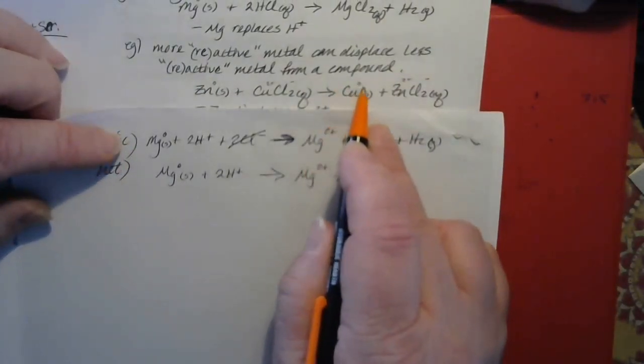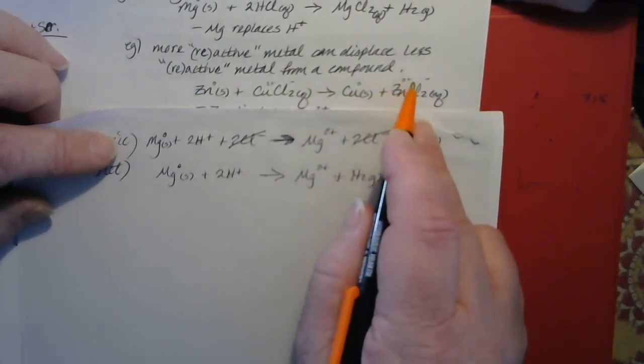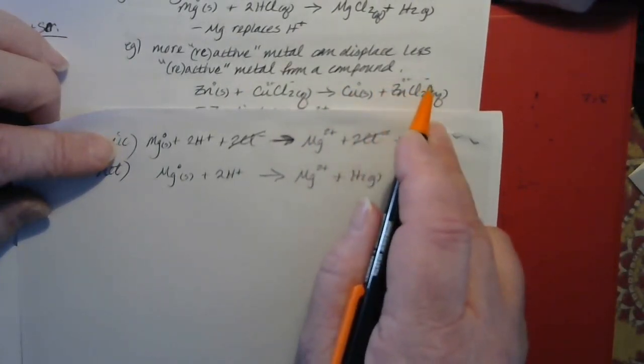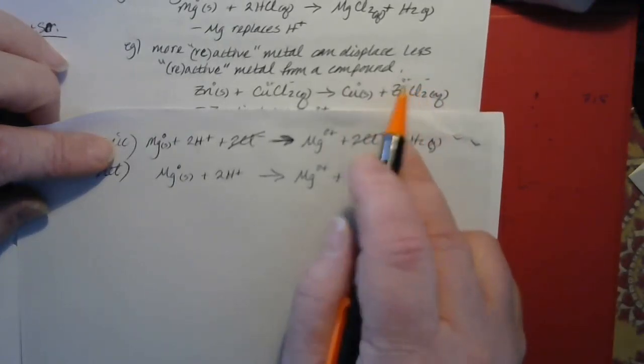And coming out, you have the free metal copper. So copper now has 0 charge, and the zinc has a charge of +2 because it's in the compound zinc chloride with the formula ZnCl2. And if you work the charge on that out, with the overall charge for the ZnCl2 being 0, and each chloride being -1, as it always is with metals, then the zinc must be +2.